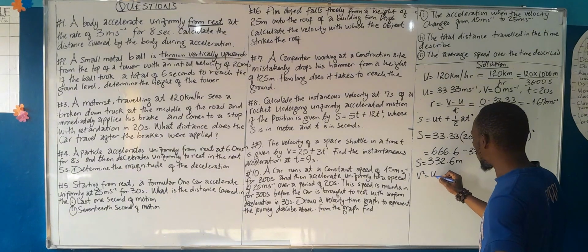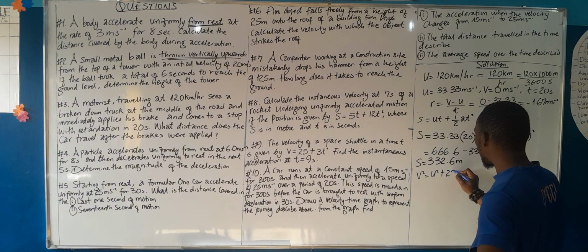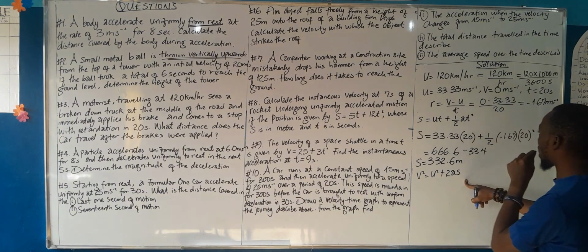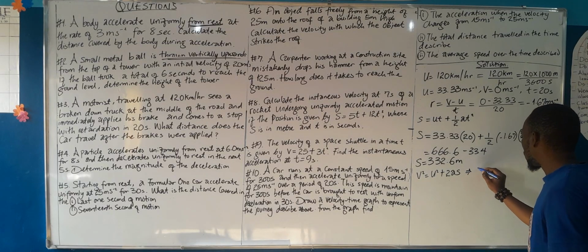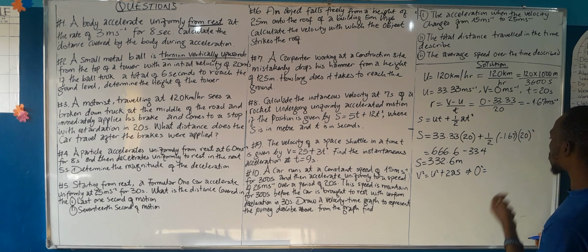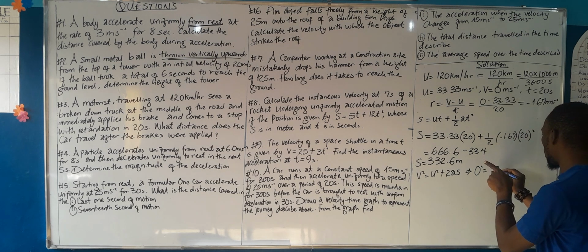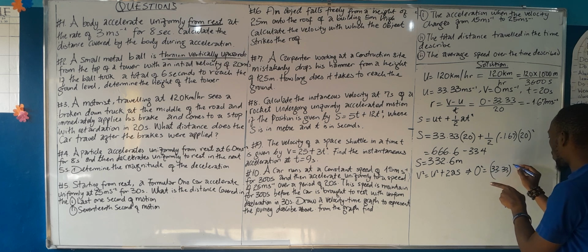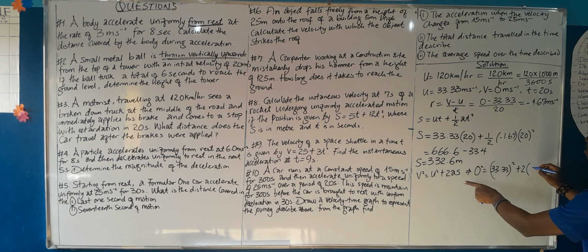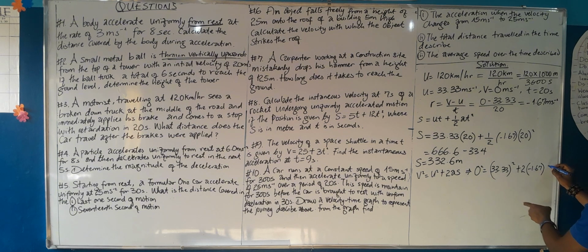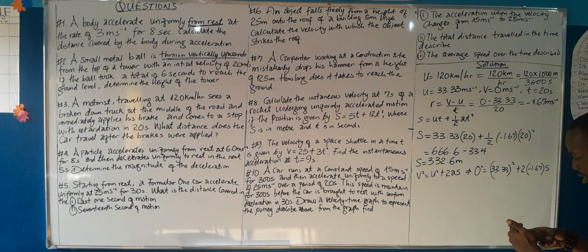Okay, let's try the third equation. V squared equals U squared plus 2AS. We're looking for S, right? So V squared is 0. 0 squared equals U squared, which is 33.33 squared, plus 2, and the acceleration is minus 1.67, and then S. So let's do this.